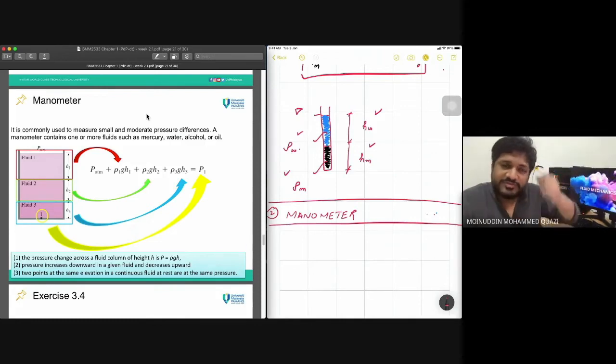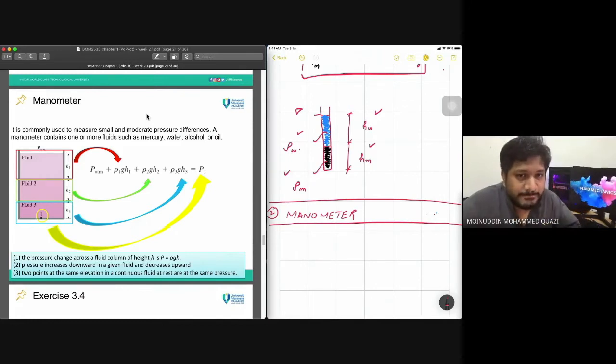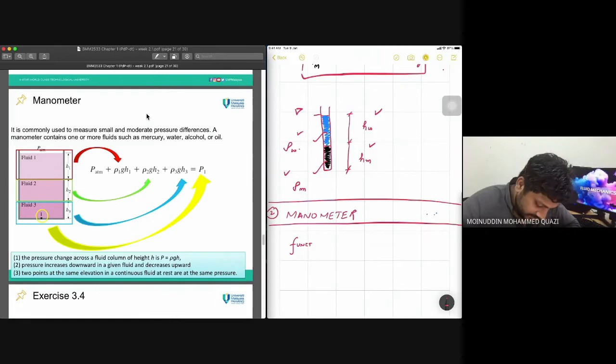The function of barometer was to measure the atmospheric pressure in terms of mercury height. Now the function of manometer is to measure pressure at a certain point, or measure pressure difference between certain points. So two functions: either measure pressure at a point or measure pressure difference.